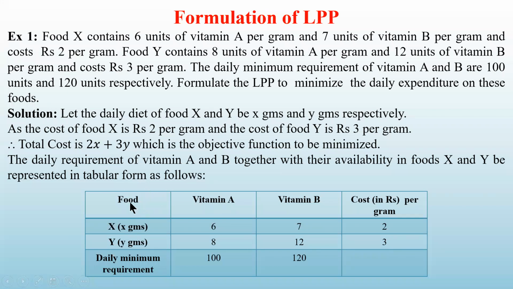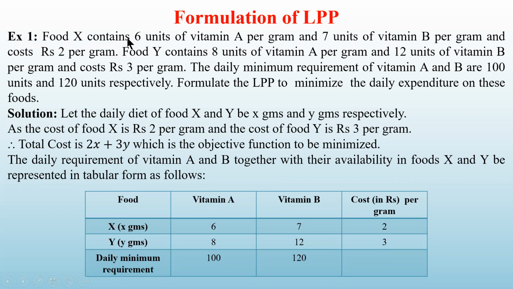There are two types of food, X and Y, and each food has some amount of vitamin in it. So I will write vitamin A, in the next column vitamin B, and in the last column the cost of the food.